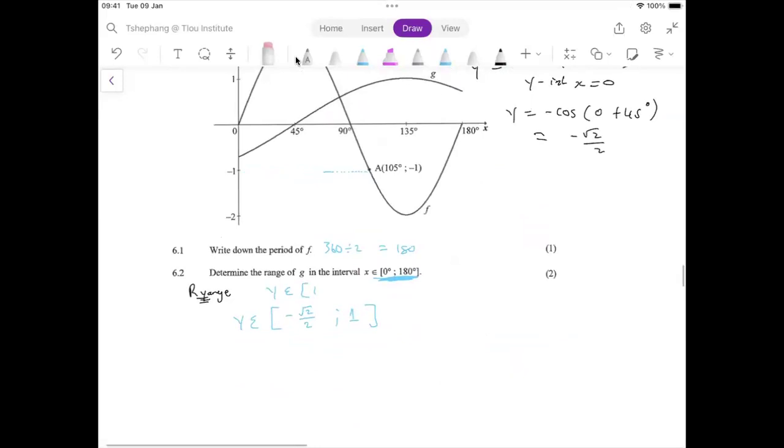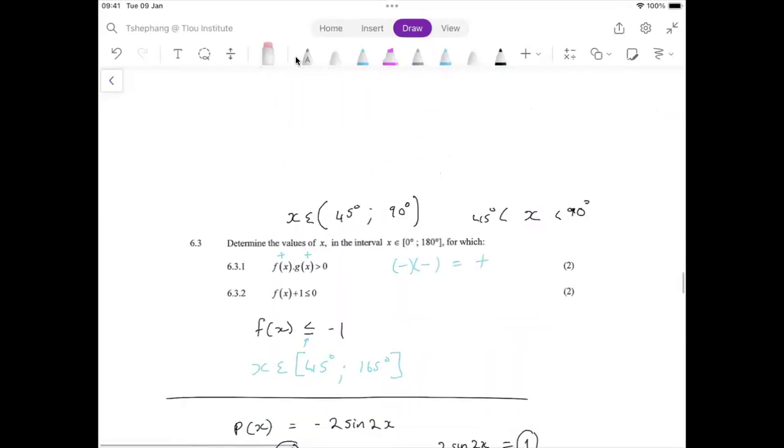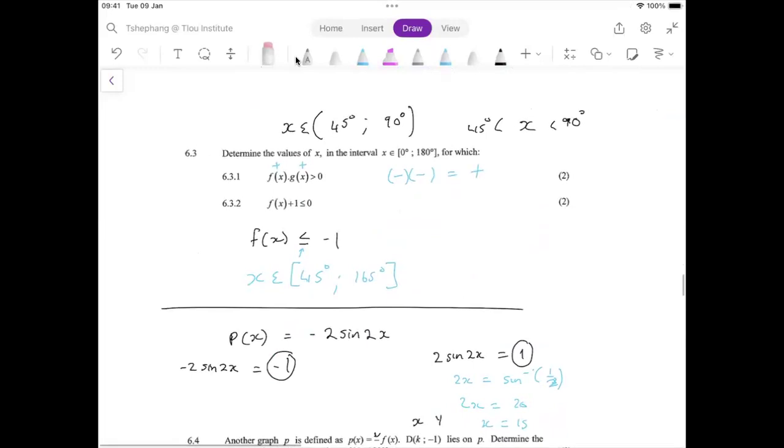Let me just erase this one as well. Right, so I'm correcting myself. Let's find the intercept, the general solution, in other words, by saying it's going to be 15. And then let's find the other one. So for the other one, we can simply say sine 2x is equal to positive 1/2.